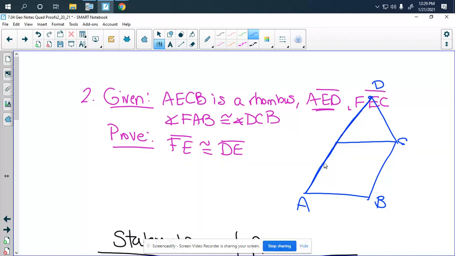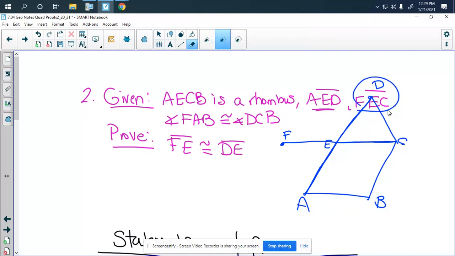So that's just telling you that's a straight line right here. And FEC is also a straight line. That's what that's telling you right there. I'm overlapping here. All right, and we want to prove that segment FE is congruent to segment DE.